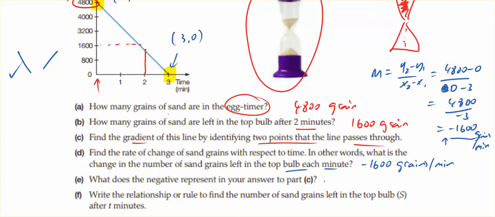In C, negative means we are losing 1,600 grains per minute. So this is what the negative represents.